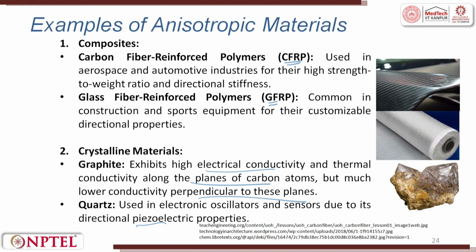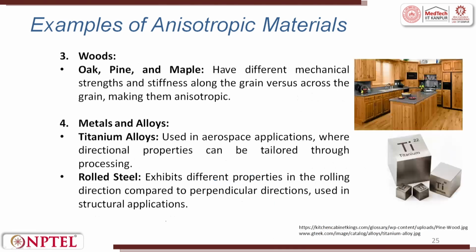For example, all the piezo crystals will try to measure the force along the x direction, along the y direction, along the z direction. It will be different. Wood, such as pine and maple, has different mechanical strength and stiffness along the grain versus across the grain, making it anisotropic.